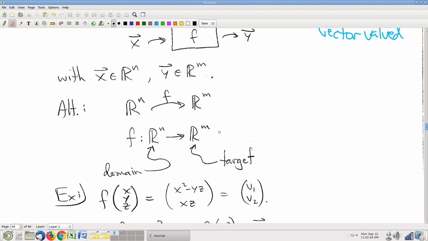Oh, a little bit of terminology. The set that the inputs come from is called the domain. And the set that outputs have to go into is called the target. Little side note, some of y'all might have heard the term range.